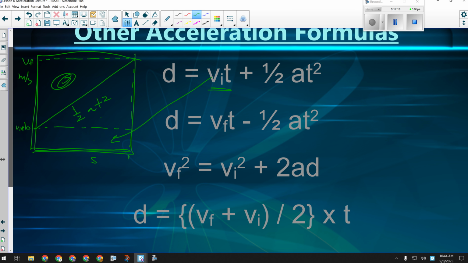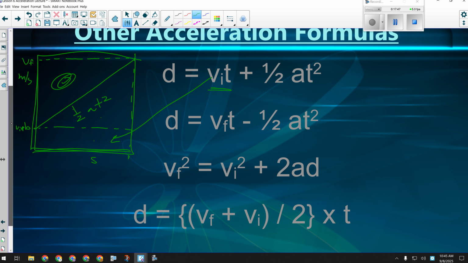Time. Okay, this one allows you to manipulate and find displacement, acceleration, or one of the two velocities without knowing how long the object is accelerating for. Okay, that can come in pretty handy in a situation like if I threw a ball up into the air, being able to calculate how high it would go without knowing how long it would be in the air for. Be able to use the formula for that kind of situation.